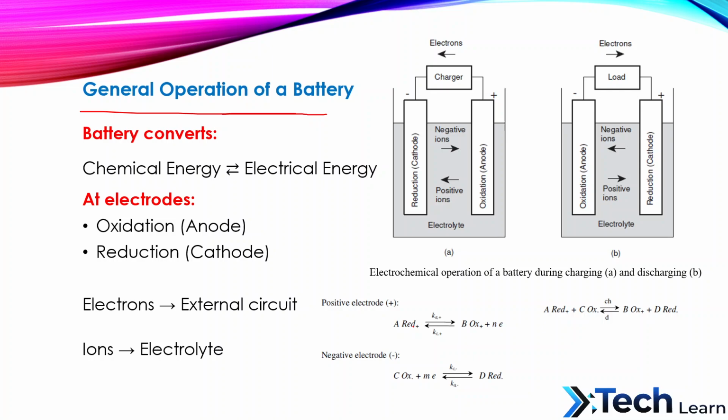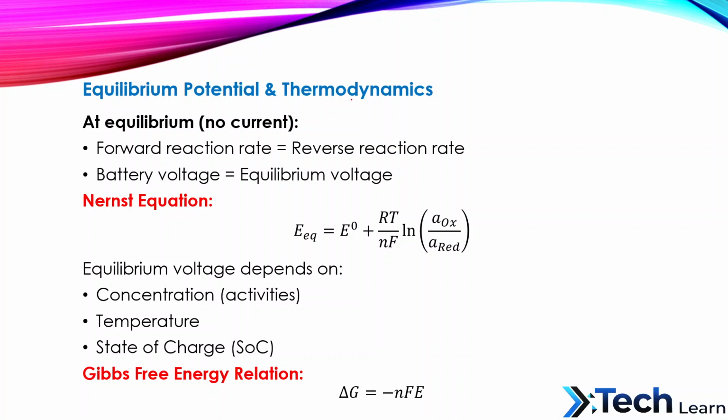Here you can see the positive electrode chemistry is listed here, the negative electrode chemistry is listed here. The overall chemical reaction is shown here. A shows the charging, B shows the discharge. Next, equilibrium potential and thermodynamics.